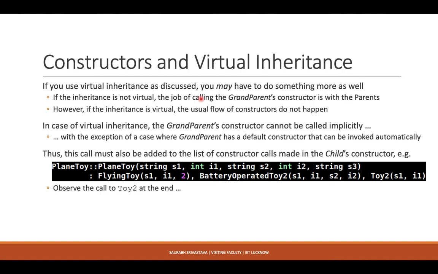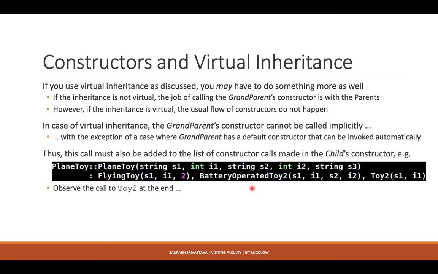You would have only invoked these two constructors, flying toy and battery operated toy, and you know that the constructors are invoked in a fashion where the class which is at the top of the hierarchy, that class's constructor is called first, then the class which is a child of this class, that constructor is called, so on and so forth. So you move from top to bottom.